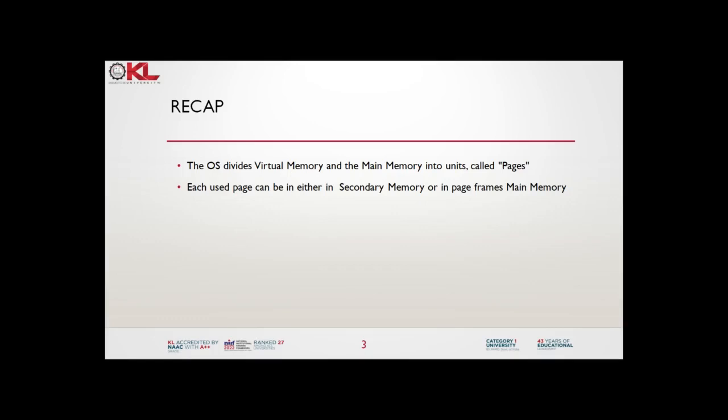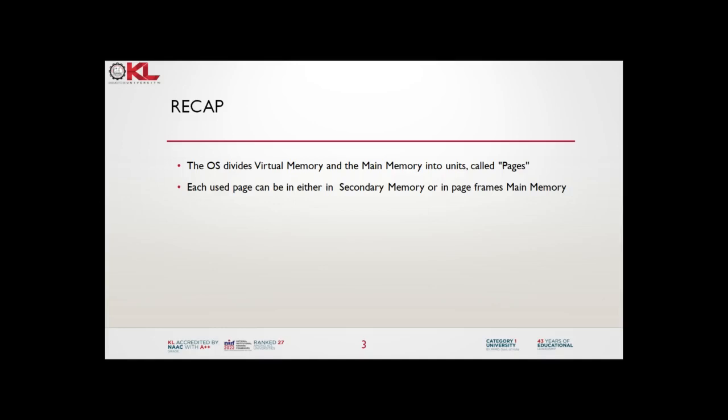There are two different types of memories: one is secondary storage memory, another one is main memory. Main memory we are considering as the frames here in our example, whereas in the secondary storage memory we are calling them pages.